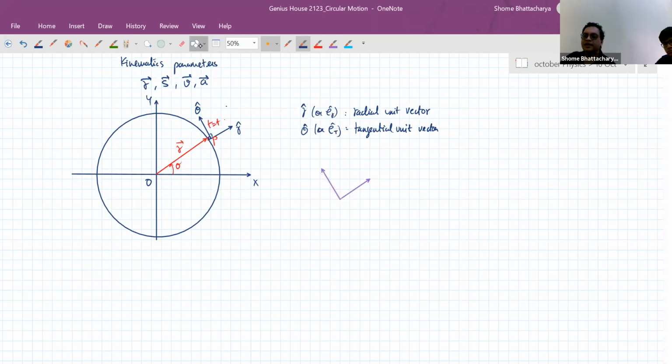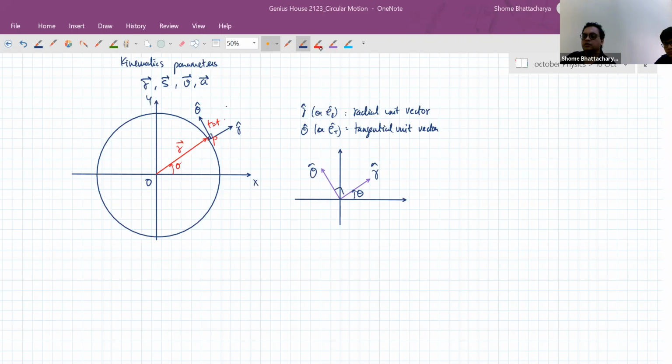So with respect to my xy system, my r cap and theta cap will be like this. Not only are they mutually perpendicular, but they have a special relationship with the angular position. If this is the angular position, then theta cap is at 90 plus theta. So its components accordingly become like that.